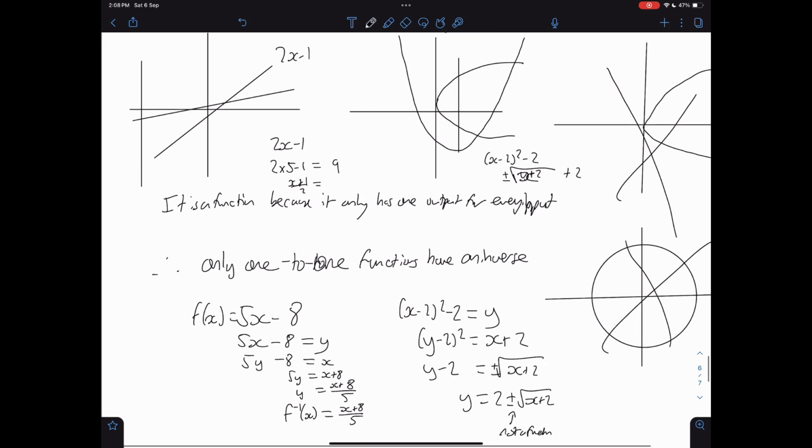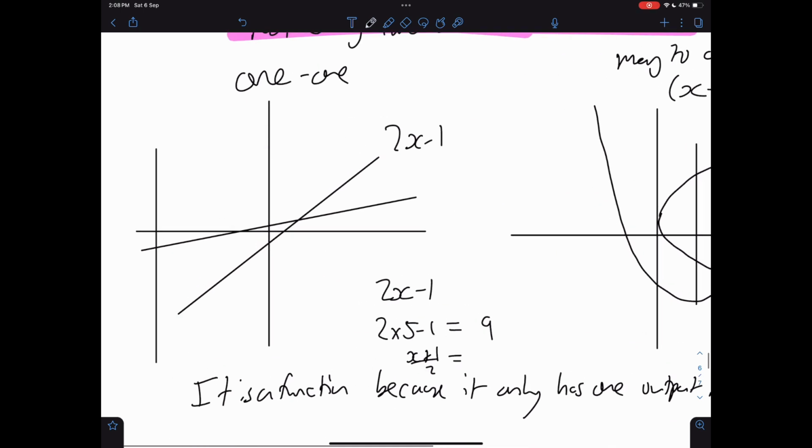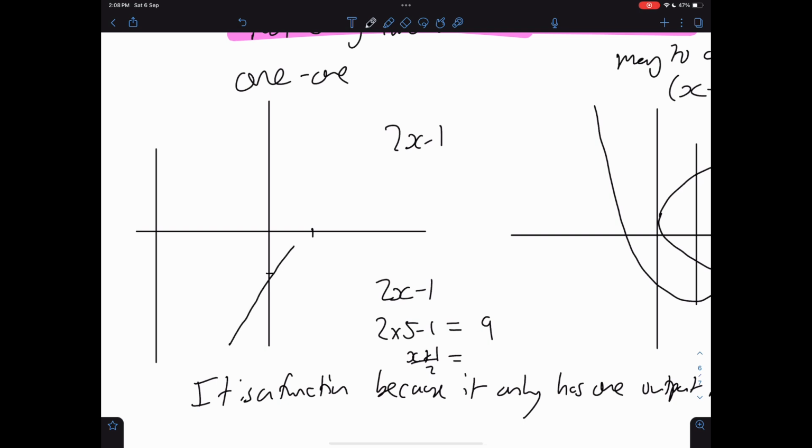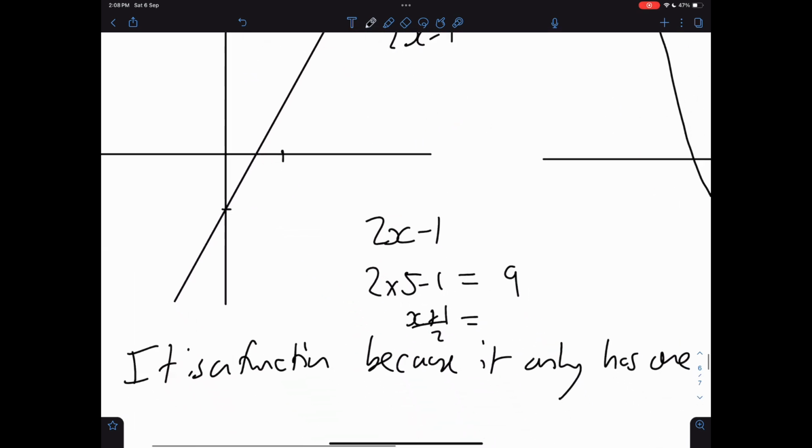Additionally, notice that for this inverse, if I drew it a bit better, we're doing 2x minus 1, say this is minus 2, and that's positive 2. It'd look something like this. And then what did we decide the inverse was?